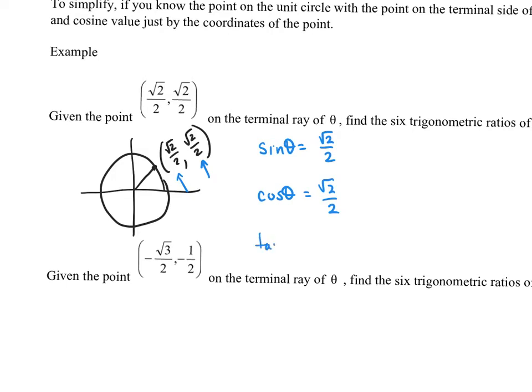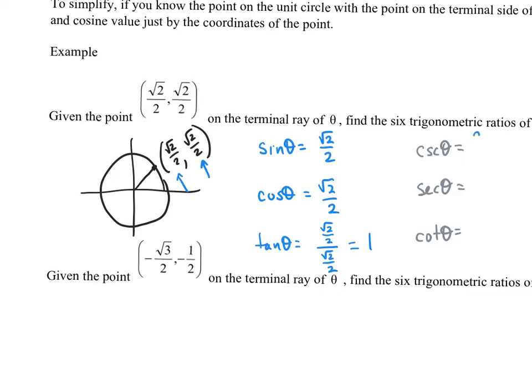Now the tangent, remember, is the y divided by x. So that's square root of 2 over 2 divided by square root of 2 over 2. If I divide the same thing by itself, I get 1. I could also find the other three trigonometric function values just by taking their reciprocals, because remember, they're the flips of the first ones.